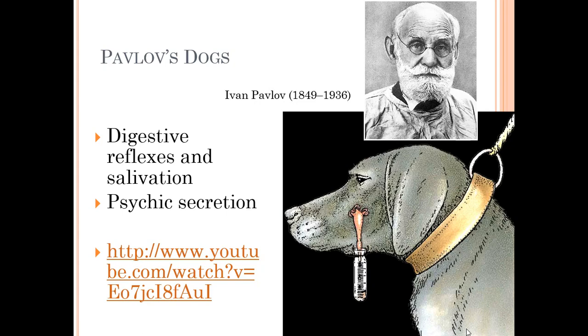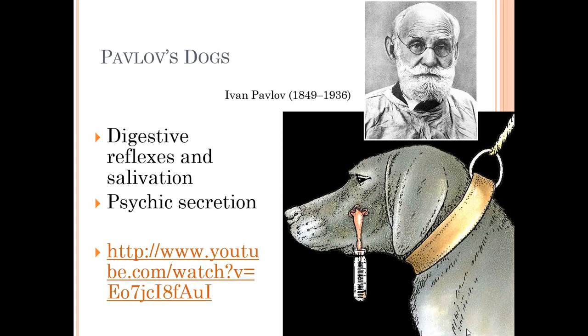In other words, the dogs saw the white lab coats, and the dogs knew that when the assistants had the white lab coats, it usually meant that they were going to get fed. And so the dogs would start to salivate. And Pavlov decided he wanted to check if he could do this on purpose, if he could condition or teach the dogs to salivate at a specific stimulus.